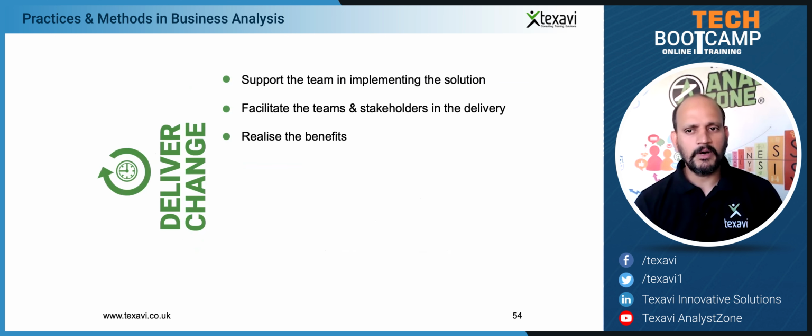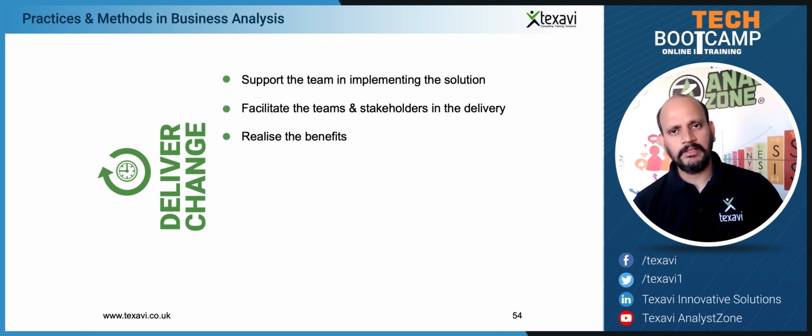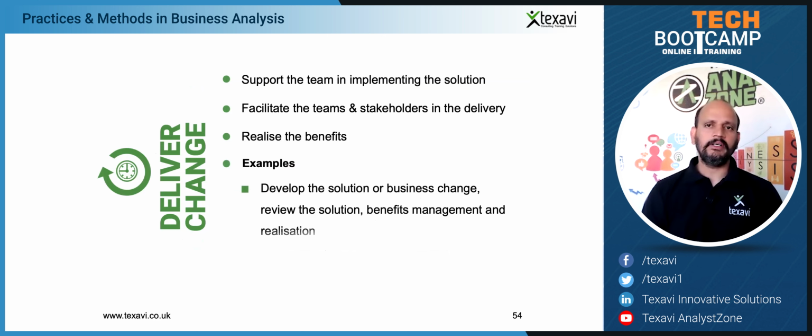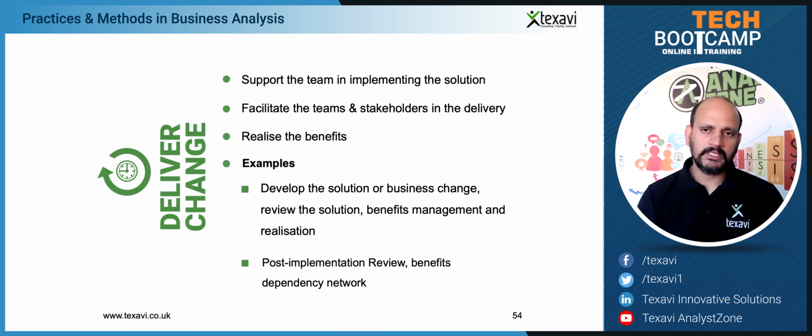And then finally, it's all about delivering the change, working with the people, deploying the solution, delivering it, and then being able to assess the benefits coming out of it. That's where we as BAs have a bigger role than just working on it and moving on. We understand how it has been performing, what the satisfaction levels of the customers are, and things like that. Then we create the PIR, the post-implementation review.